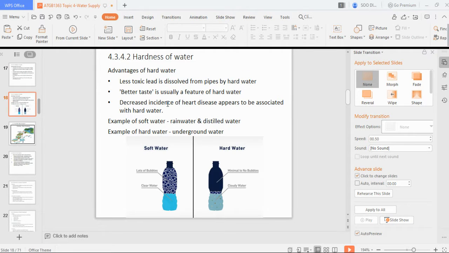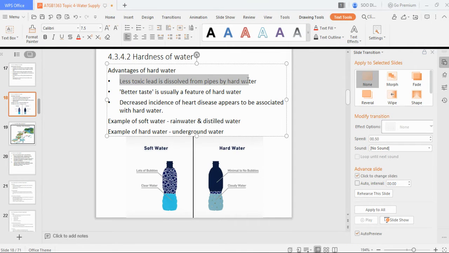But there's an advantage of hard water. Hard water can cause less toxic lead. Lead is dissolved from pipe by soft water. There won't be much of this anymore because our pipe is mostly made of PVC or some iron.